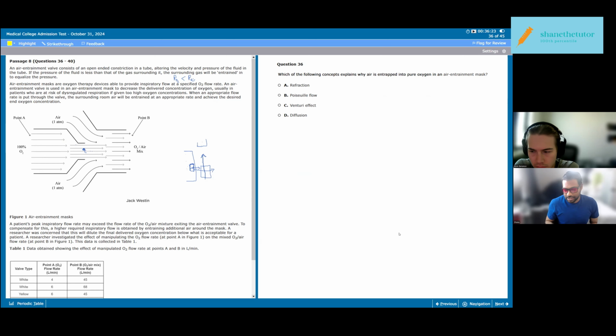So that's due to just a change in volume. But this is due to, if my speed is going higher, it's going to create a low pressure region.